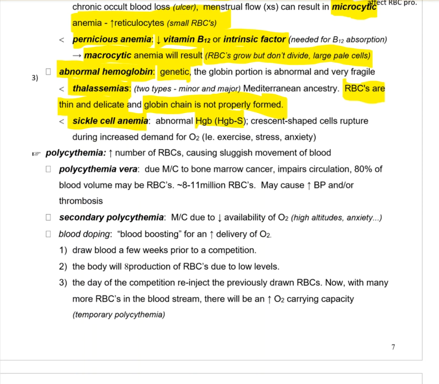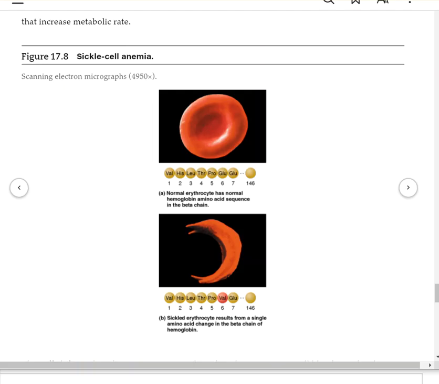What happens, and I'll show you real quickly in the book, because this is on page 651, figure 17.8. If you look down at the bottom of this diagram, there is a single change in an amino acid that makes the hemoglobin in individuals who have sickle cell disease. This is supposed to be glutamic acid or glutamate, number 6, and instead it's valine.